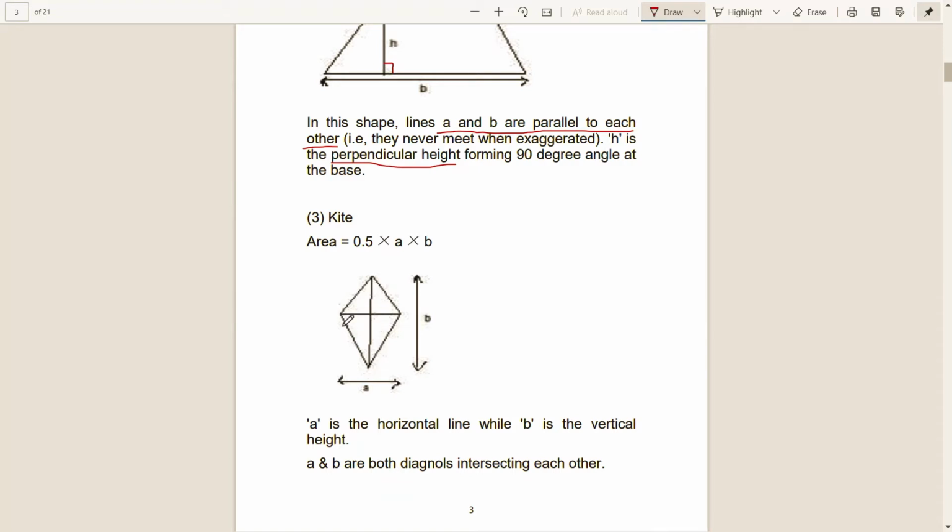One diagonal is A, and the other diagonal is B. Both diagonals intersect at this point, and the area of the kite is 0.5 multiplied by A into B, that is, 1 over 2 into this length A into the vertical height B. This is the area of the kite. A very simple formula.